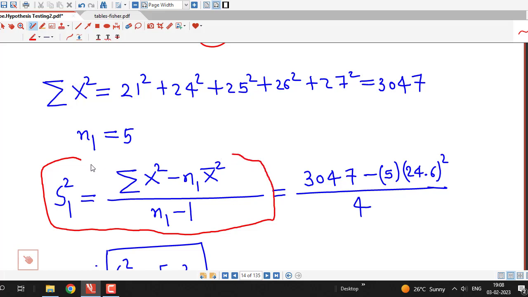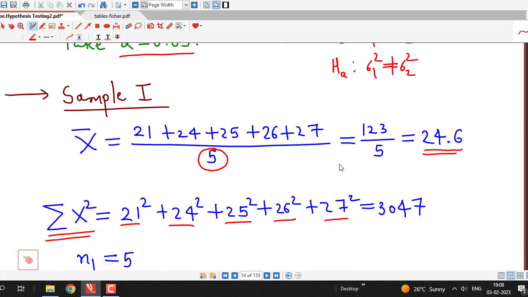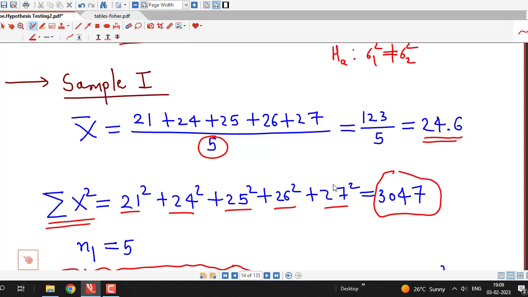Now for sample variance we will use this formula. Suppose sample variance for first sample is denoted by S1 square. Then first we find out sum of all these squares of x values. So that is 21 square plus 24 square plus 25 square plus 26 square plus 27 square. I have taken square of all these observations and I am adding them, and I find that sigma x square turns out to be 3047.